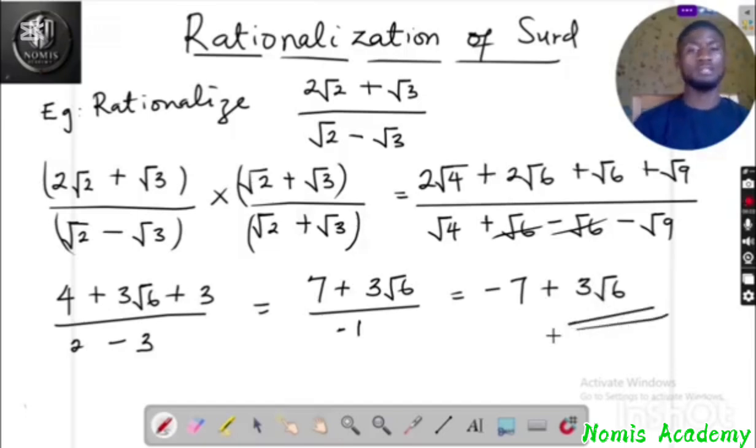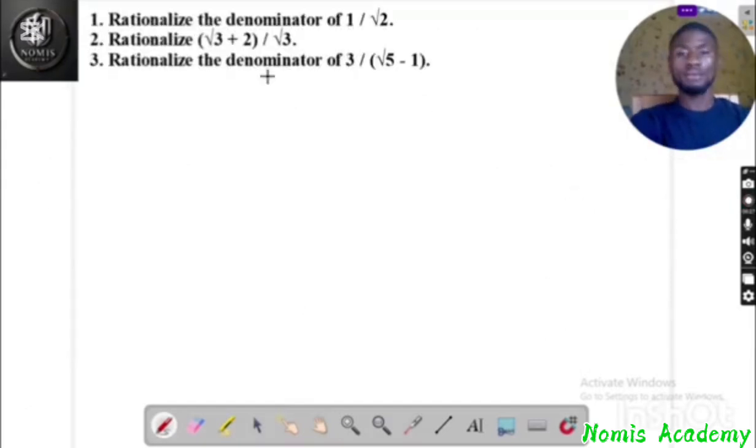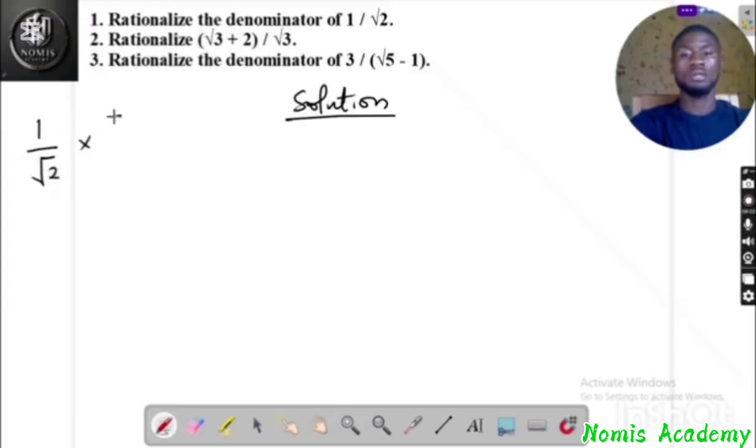So let's take simpler examples. Rationalize the denominator: 1 all over root 2. What you just do here is multiply by root 2, multiply by root 2.